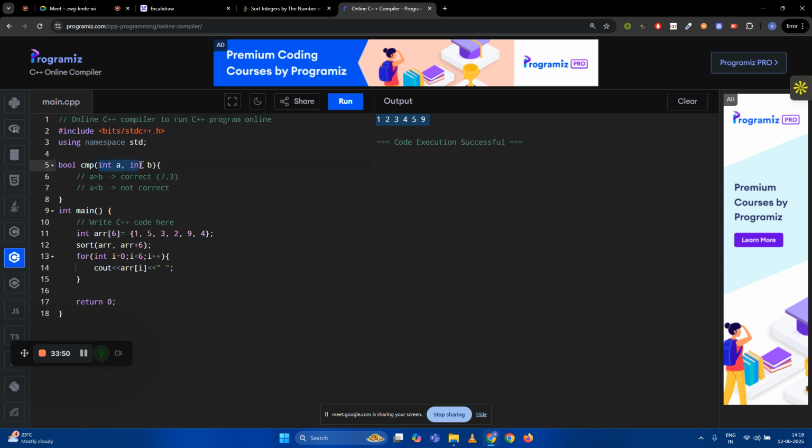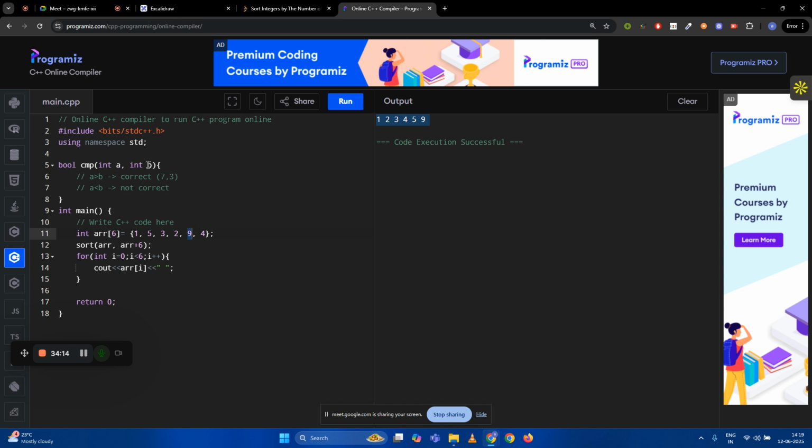In a comparator function, the order in which you are passing integers is actually the order in which they are in your array. Relative order same है, जैसे कि a would be here and b would be here. So if I have to sort in descending order, the bigger number should come first, then the smaller number. Suppose a was 7 and b was 3, the bigger number is written first.